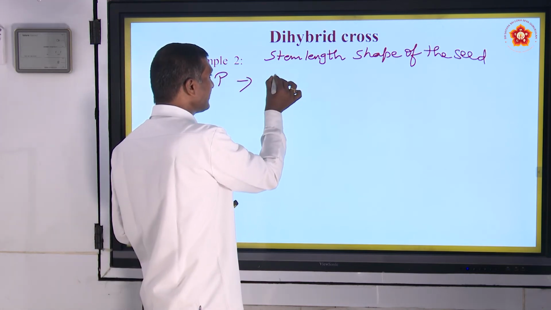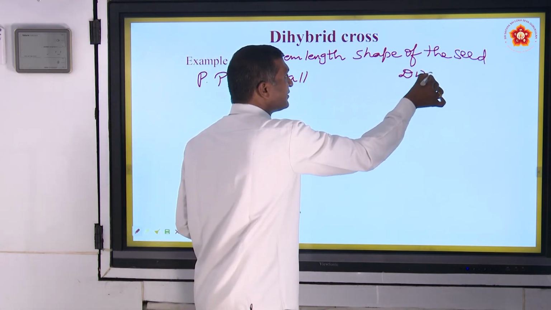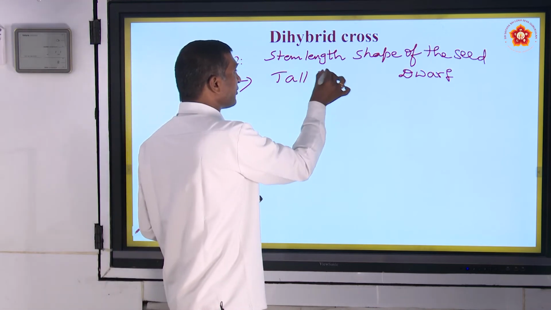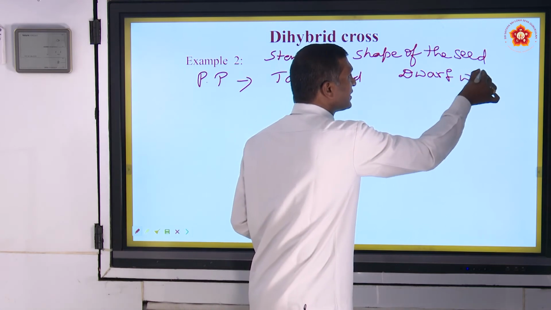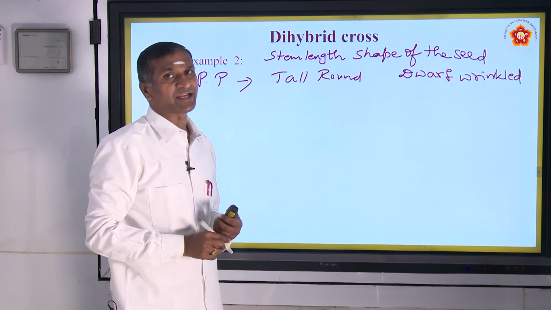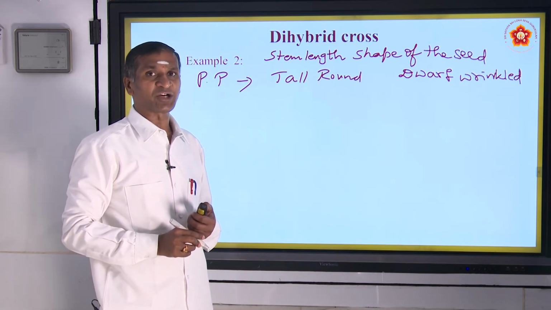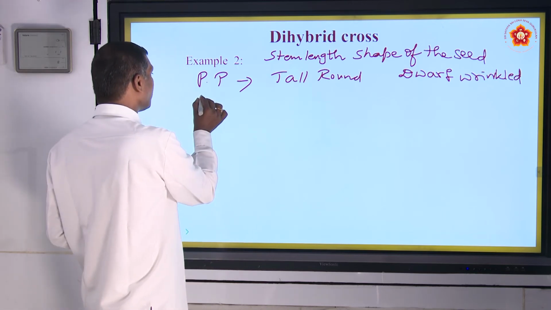For stem length, tall, and another parent plant will be dwarf. Shape of the seed, round, and this will be wrinkled. That's why you should know the list of the characters that are exhibited by the garden pea with the contrasting plants also. Next we have the gonads.